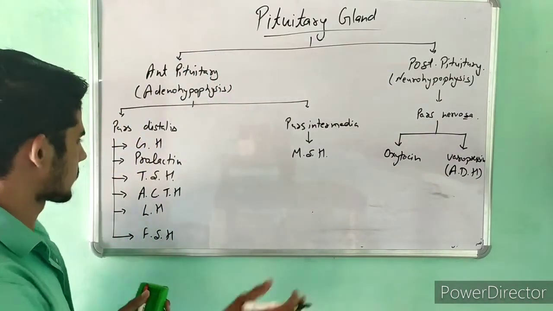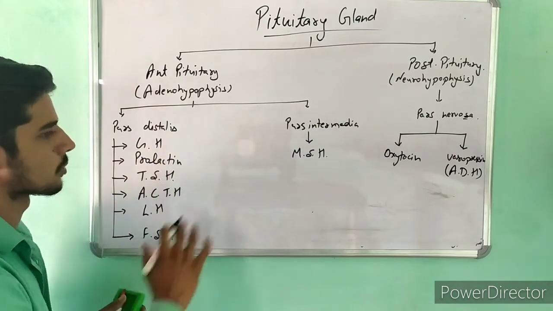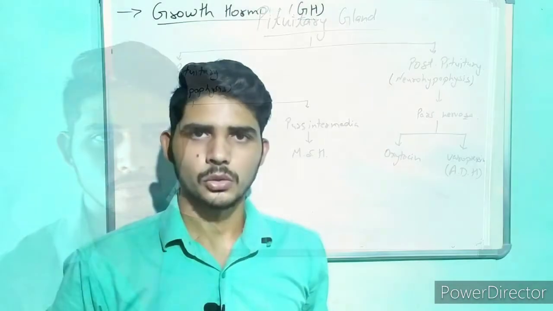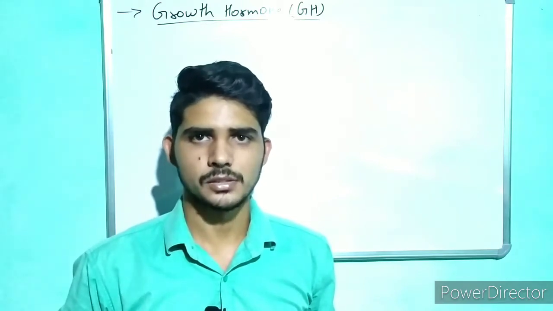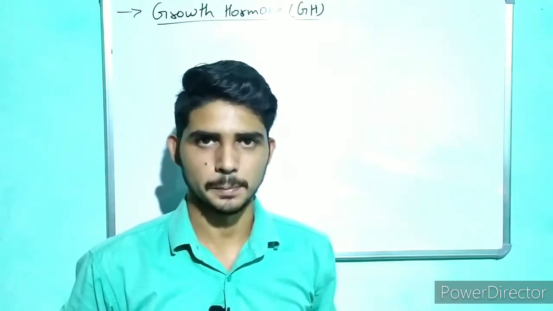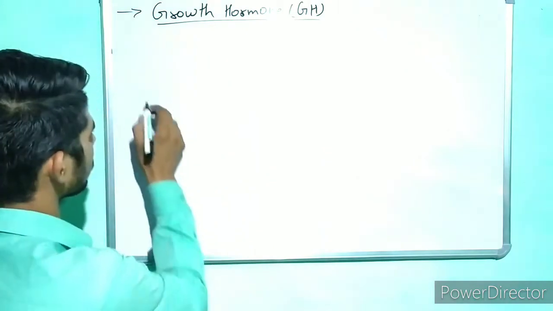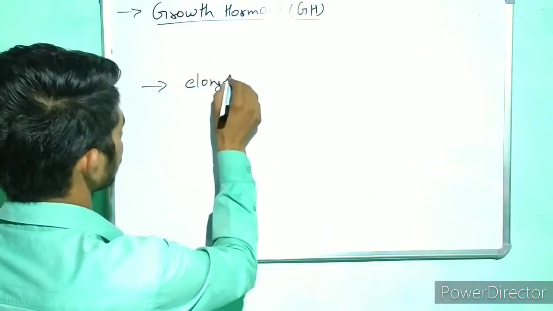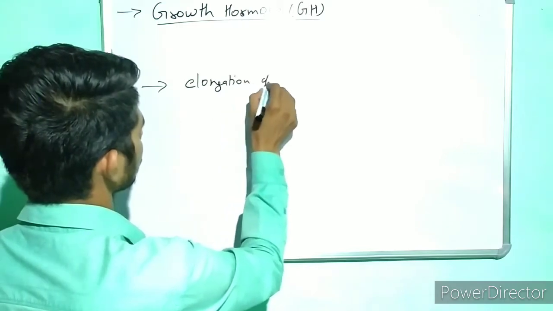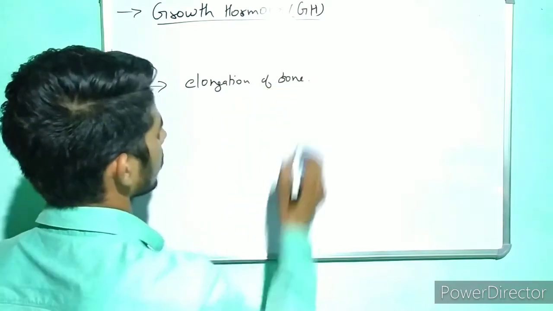So now let's discuss all these hormones one by one. First, the growth hormone. Growth hormone is secreted by the pars distalis lobe of the anterior pituitary gland. Growth hormone promotes the elongation of the bones for an overall increase in the height of the body.